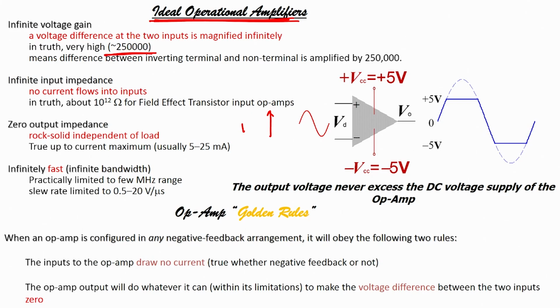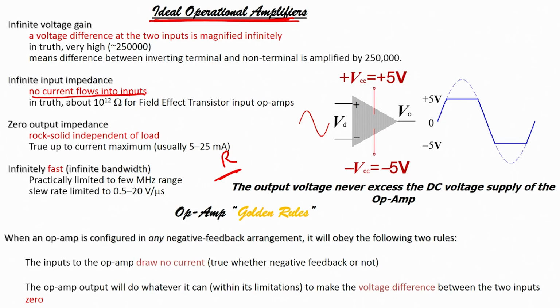Next one is infinite input impedance. So, no current flows into op-amps, right, because if the impedance is very high, then the current cannot flow. Suppose I talk about resistance, the resistance is extremely high, can current flow? It will not flow, right. Same way, if the impedance is extremely high, can current flow?